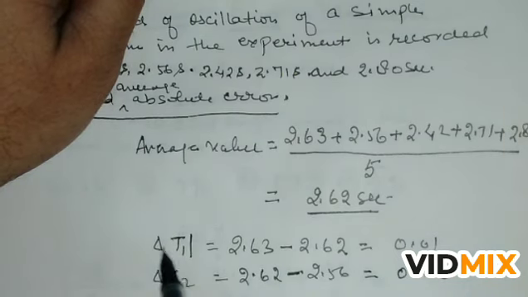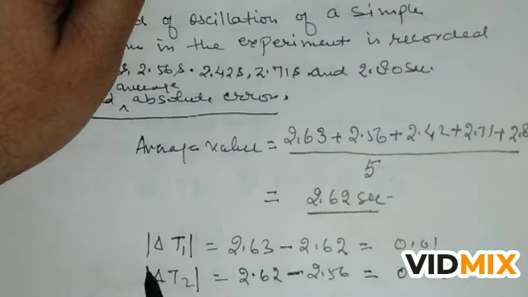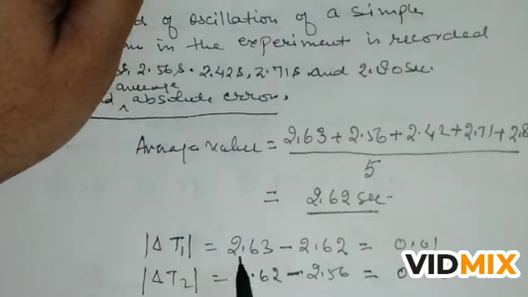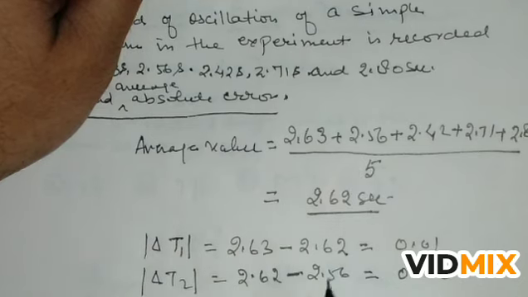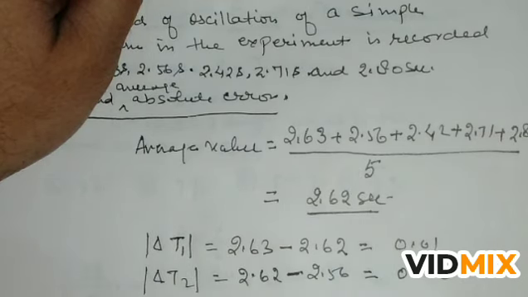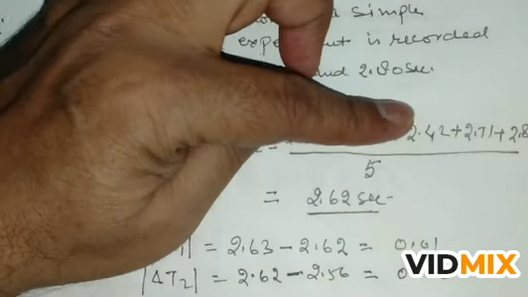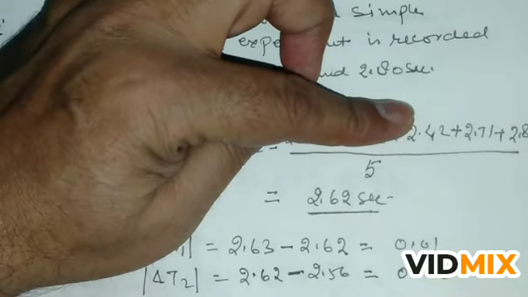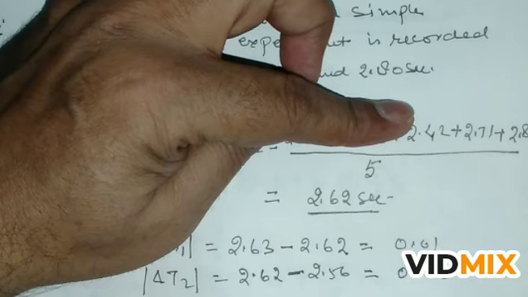I am taking all this in a positive sign, that's why 2.63 minus 2.62, 0.01.